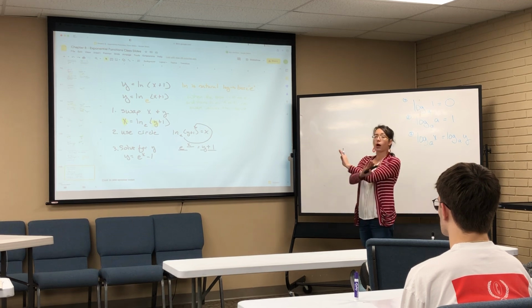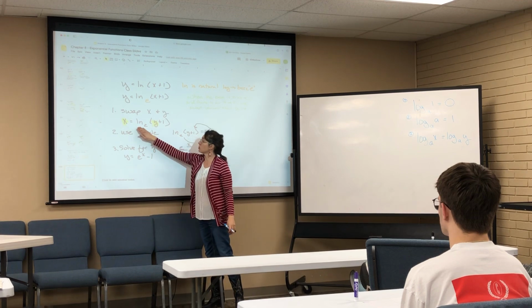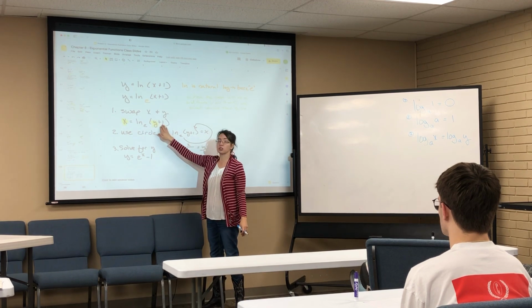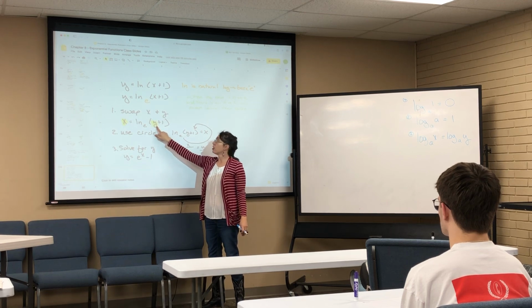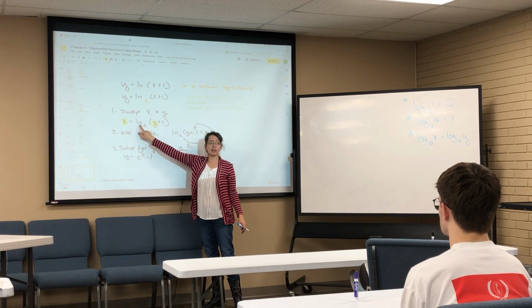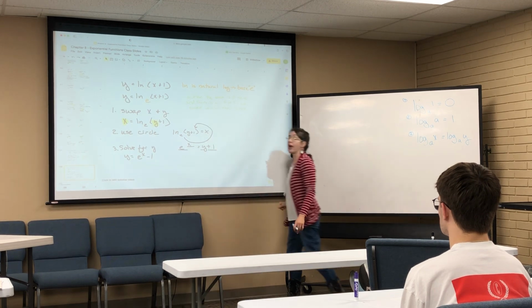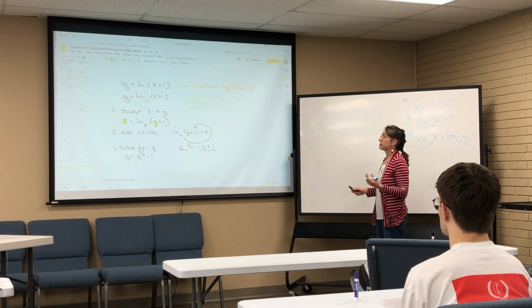So when we swap them, we now have x is equal to the natural log of y plus 1. And I want to get y all by itself. So the first thing is I have to separate this y from this natural log. I know that I can write the inverse of it.